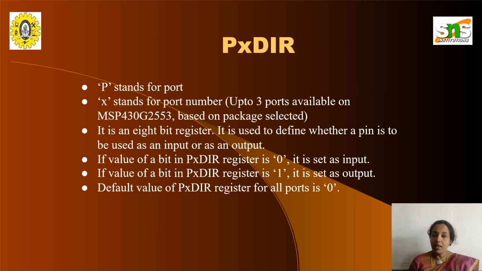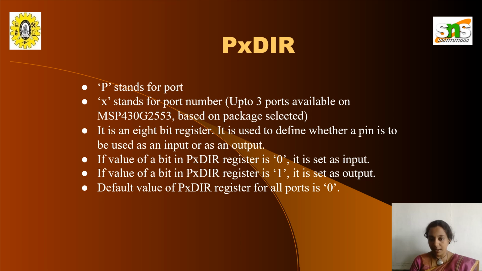PxDIR. P stands for port, X stands for port number. Up to 3 ports available on MSP430G2553 based on package selected. It is an 8-bit register. It is used to define whether a pin is to be used as an input or as an output. If the value of a bit in the PxDIR register is 0, it is set as input.